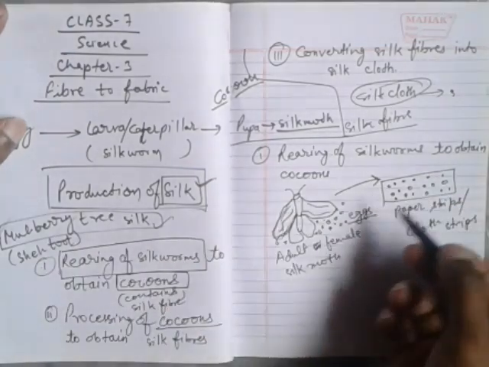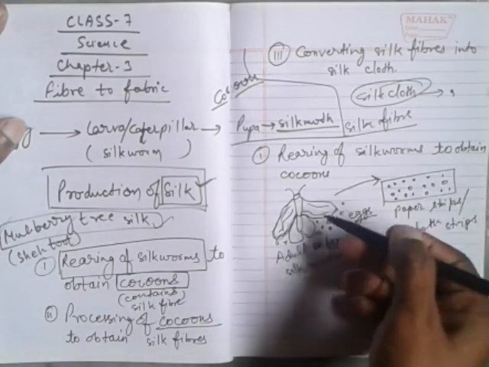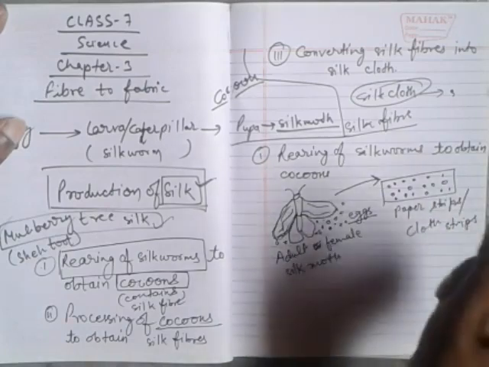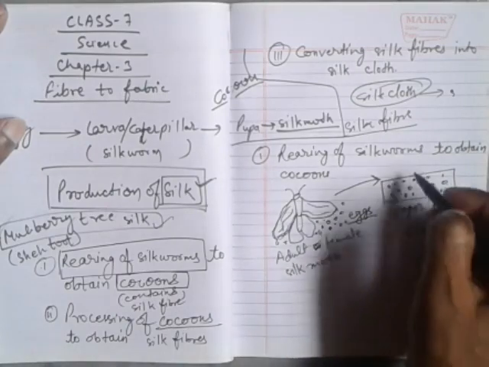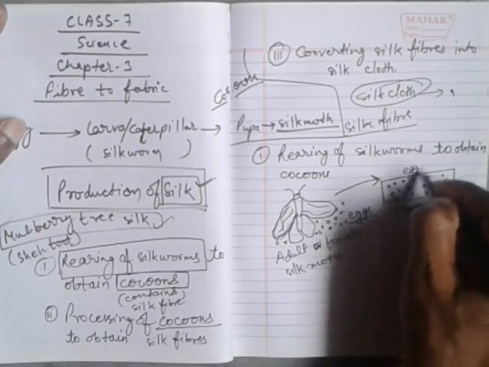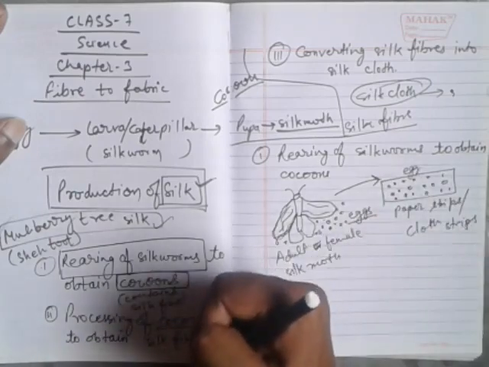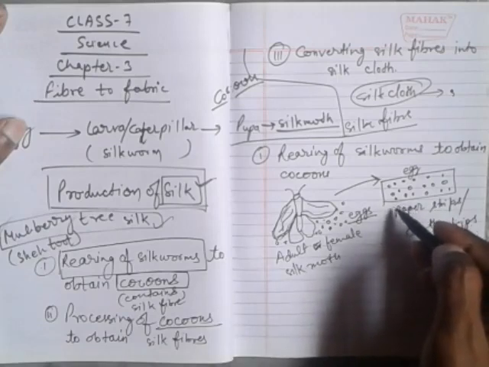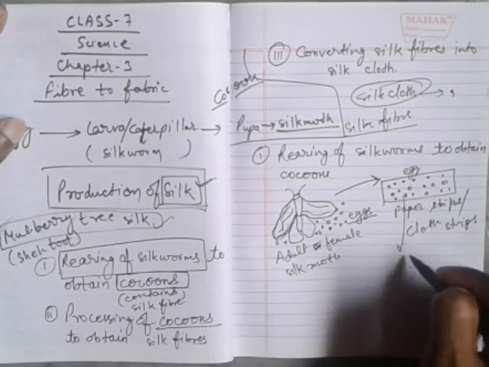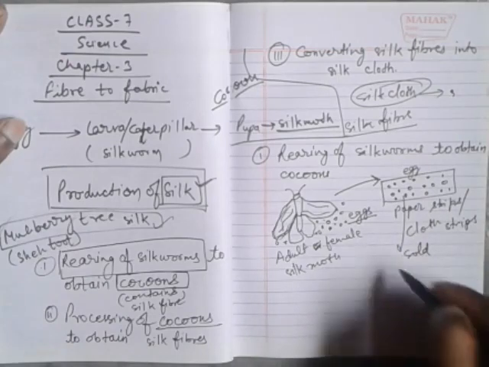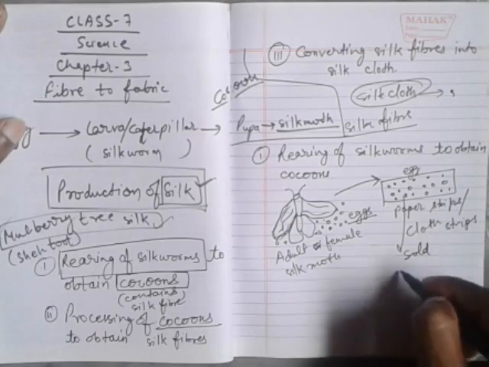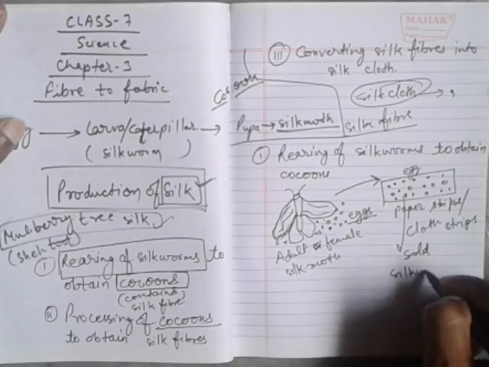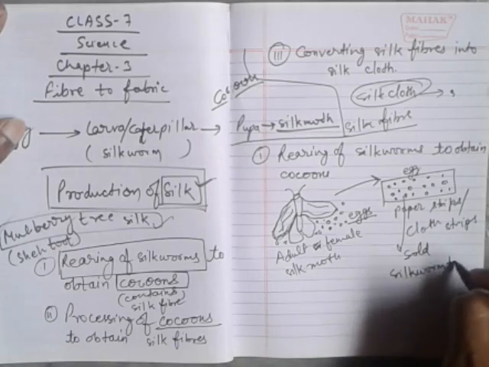These hundreds of eggs are laid by a female silk moth. And after collecting these eggs, they are sold to the silkworm farmers.